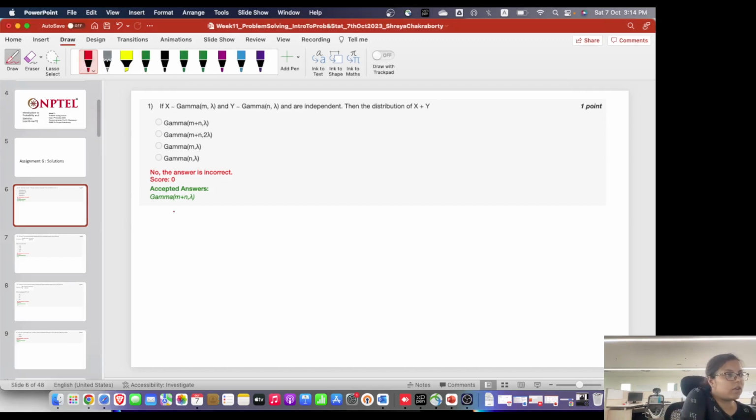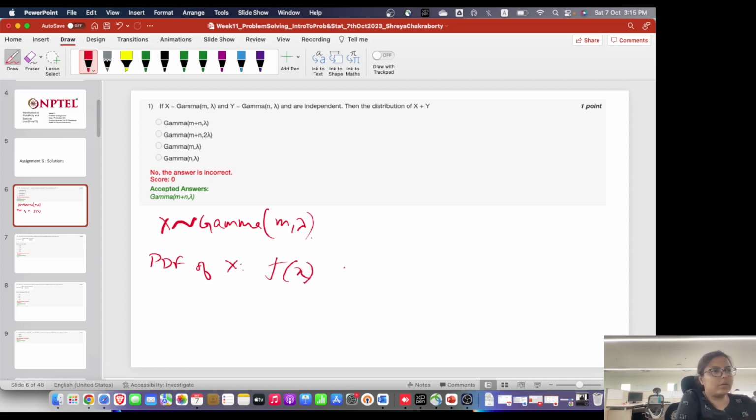So if x follows gamma(m, lambda), then the PDF of x can be written as f_X(x) = lambda to the power m by gamma m, e to the power minus lambda x, x to the power m minus 1, where x is greater than 0.